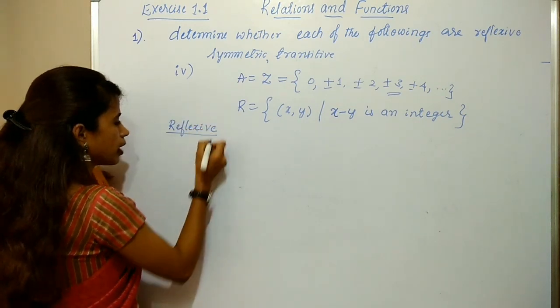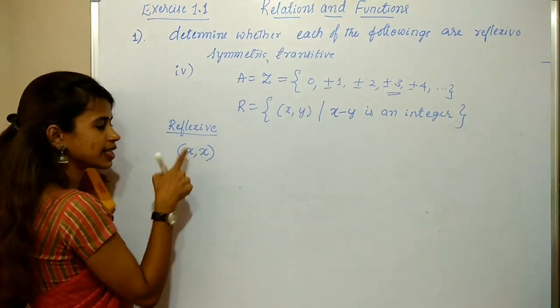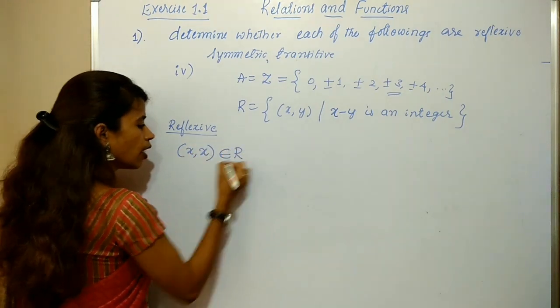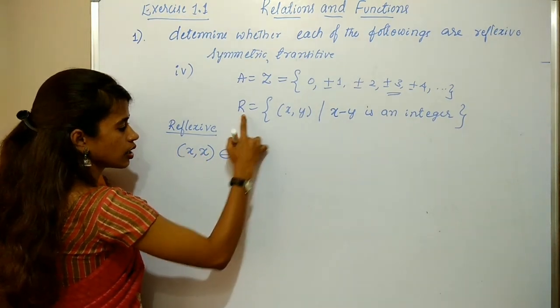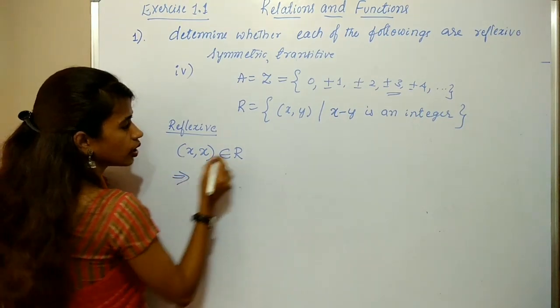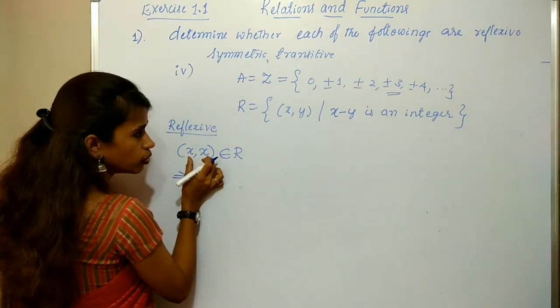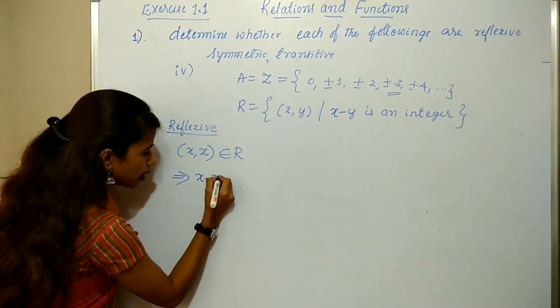For a relation to be reflexive, the ordered pair of an element with itself must be in R. Is (x, x) in R? What should be the criteria? The difference of those two must be an integer. What is x minus x?